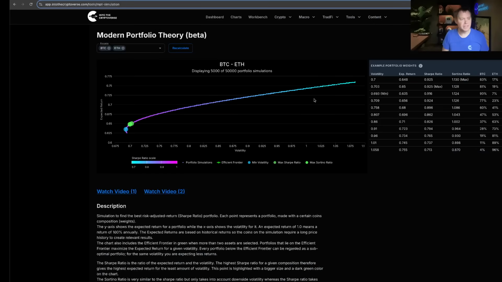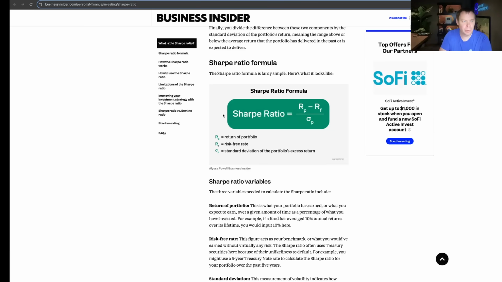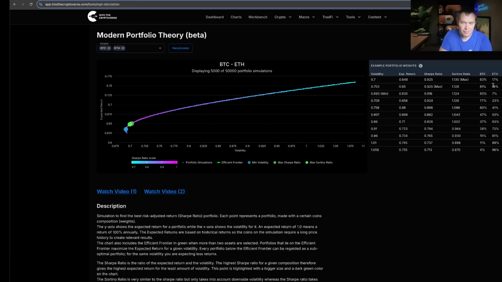So a portfolio consisting of just Bitcoin and Ethereum, and I'm going to get to you XRP guys in a minute, a portfolio just consisting of Bitcoin and Ethereum that maximizes your Sharpe ratio or your risk-adjusted returns is about 81% Bitcoin, 19% ETH.